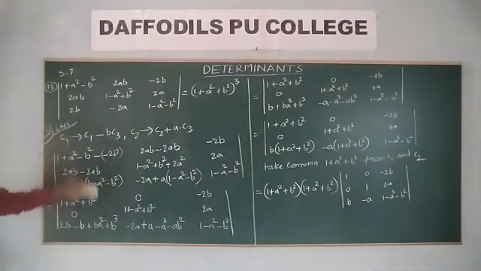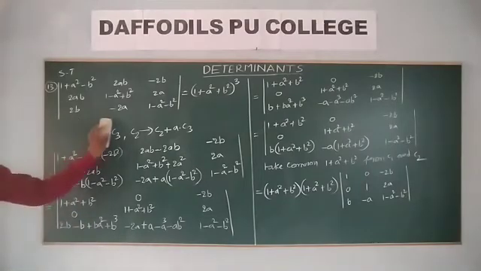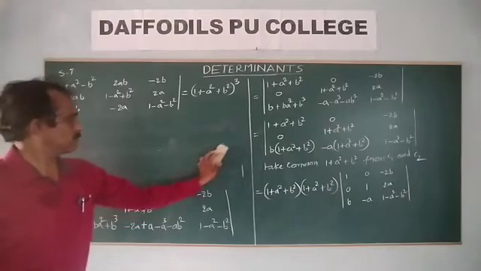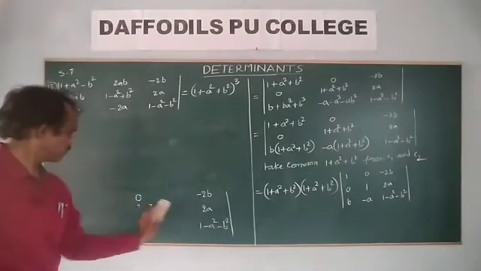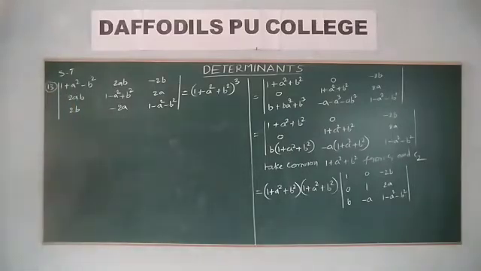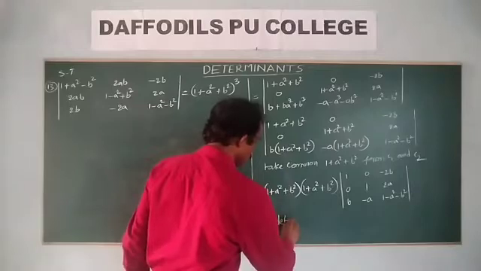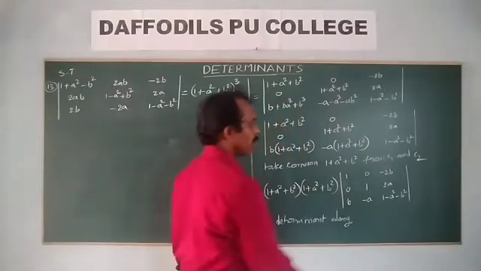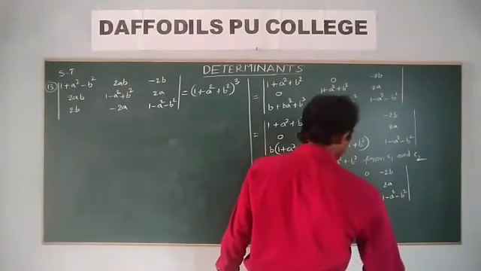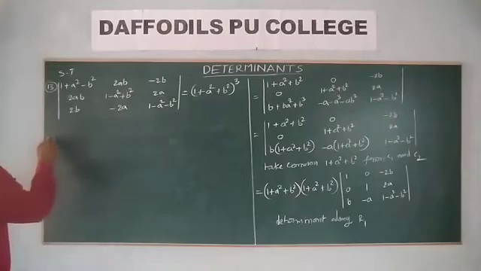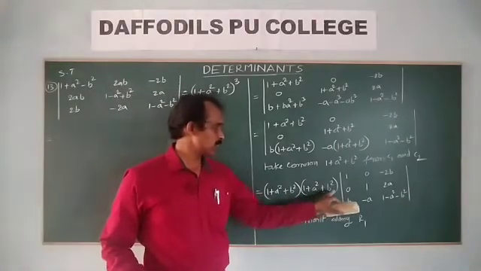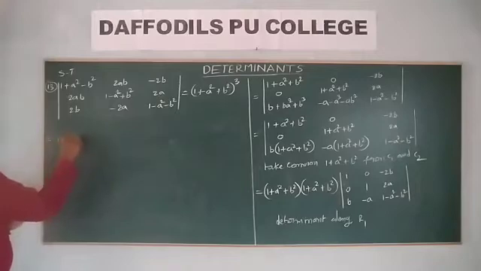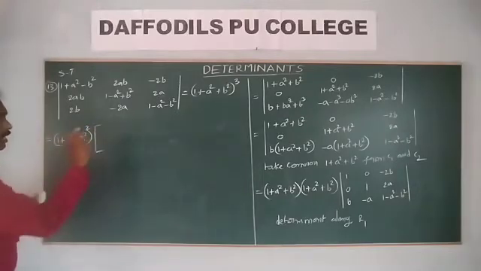Determinant along R1. So that is 1 plus A square plus B square into 1 plus A square plus B square, whole square bracket.